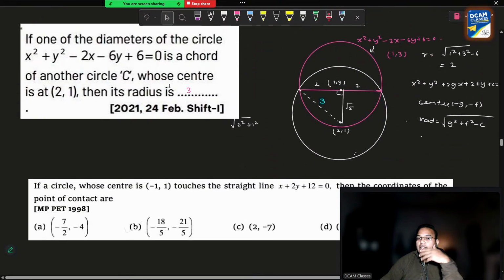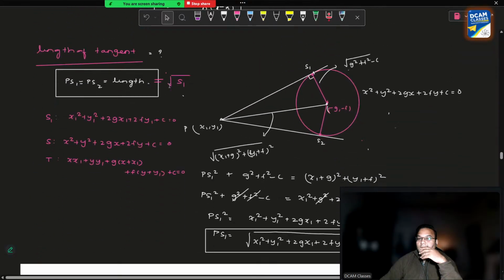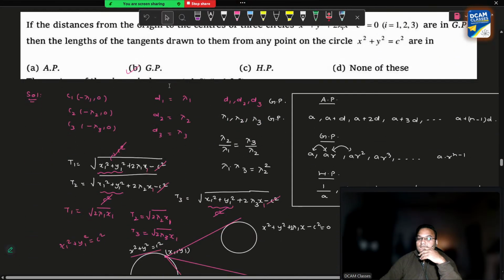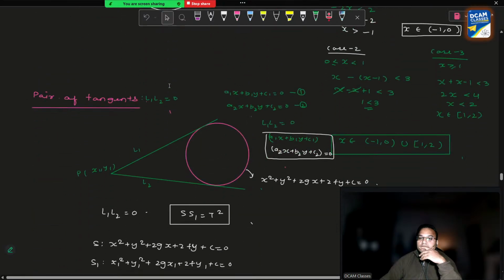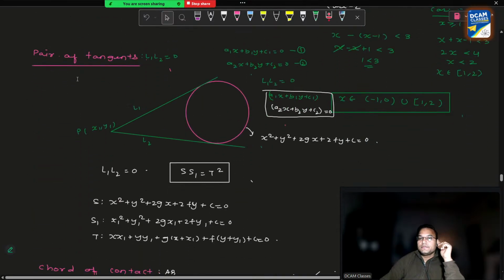Actually, they are interrelated. This one, do you remember? Pair of tangents to a circle. SS1 is equal to T square. Gone. Diva, I think for you, circle was not covered, na? No, sir, I was there. He was there. So you should remember it. Haripriya, what about you? Do you remember this one?